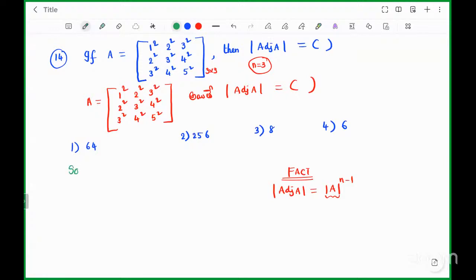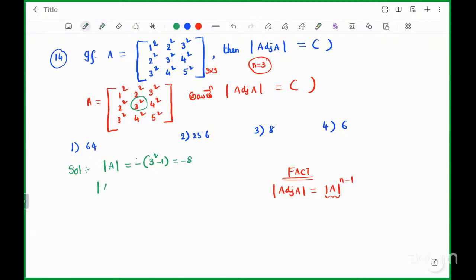Solution. See, det A equals: take the middle element, this middle element 3 square minus 1, but with the minus of 3 square minus 1, that is minus 8.